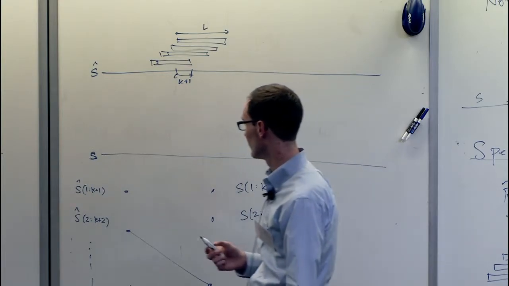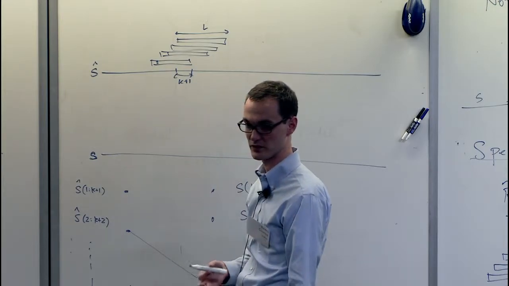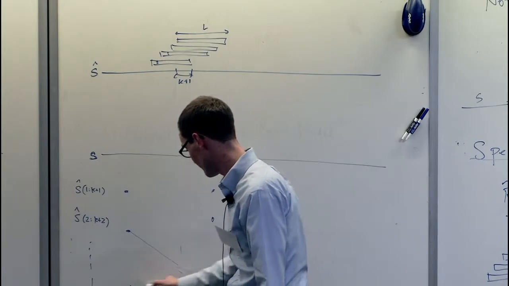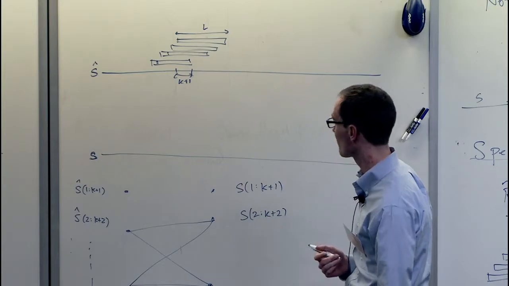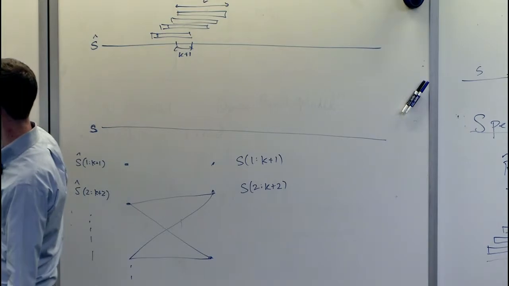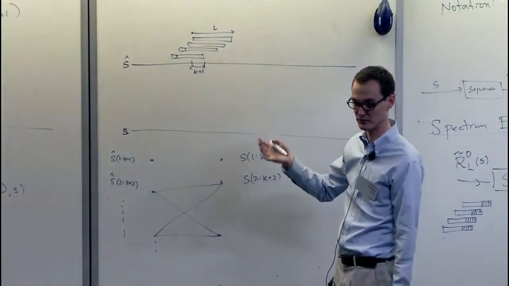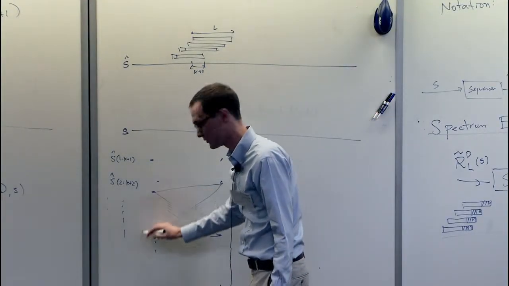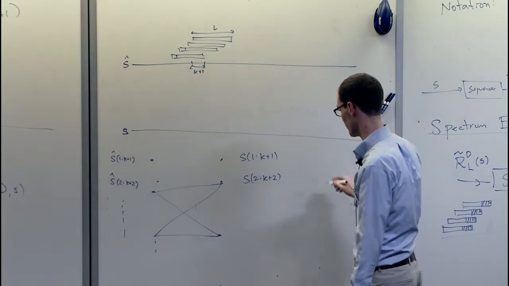The first thing we notice is that any connected component is a completely connected component, because if this equals this, equals this, equals this, clearly that also has to be equal. So to show that the k plus 1 spectrum of the sequence I reproduced equals the k plus 1 spectrum of the original sequence, it corresponds to showing that there's a perfect matching in each of these connected components. For that, it's essentially Hall's theorem.